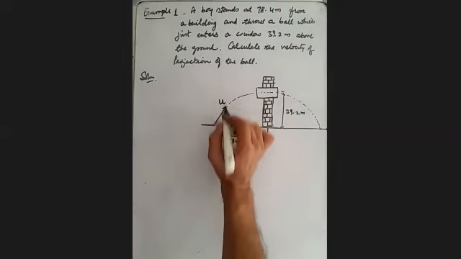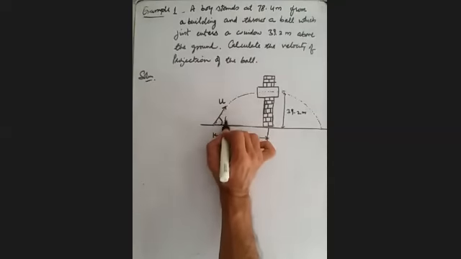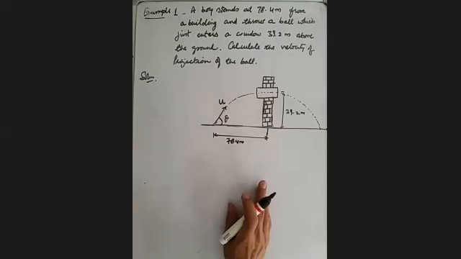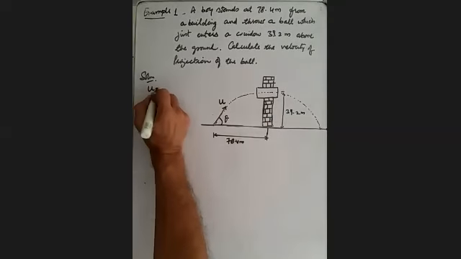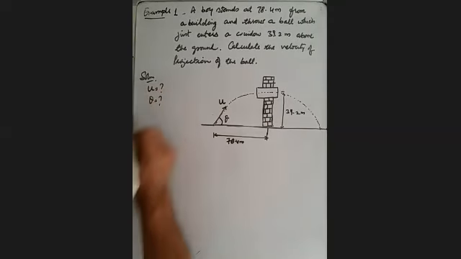Let us suppose u is the velocity and it is projected at an angle theta. So we have to find out u and theta, because for the initial velocity we want to find the magnitude as well as the direction in which the ball is projected initially.